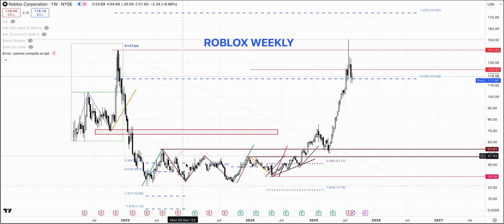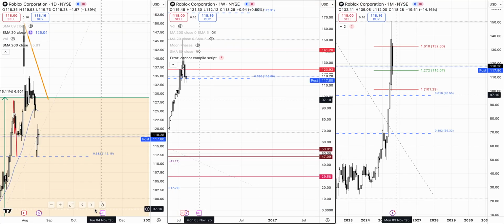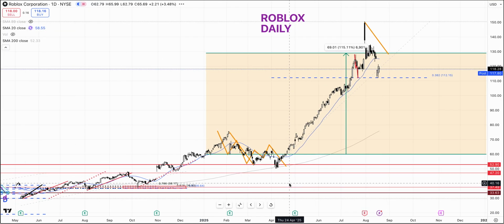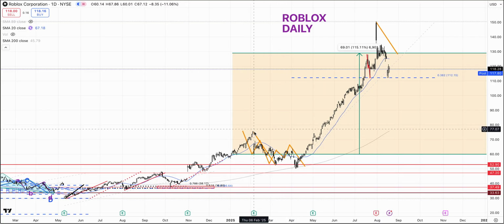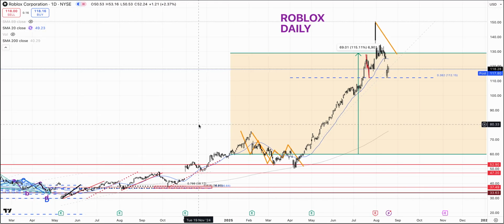So we had these nice ABCDs we were watching, and they were hitting our targets. Our target was this 38.2% retracement around 63 bucks, 63, 65. It was hit. I was really, really happy when that happened. And then on the daily chart, I'll just show you that. I had actually gone and drawn these lines live on the video, anticipating some correction to take place, but I wasn't sure whether it was going to be a simple corrective pattern or a complex one.